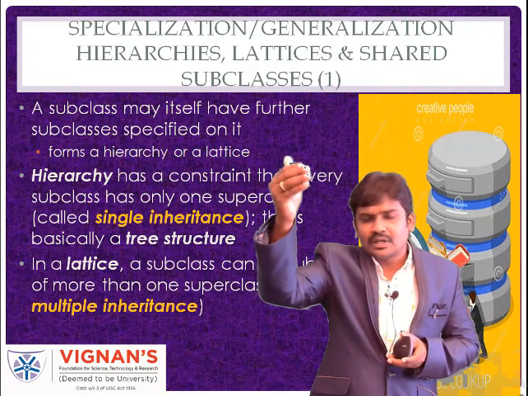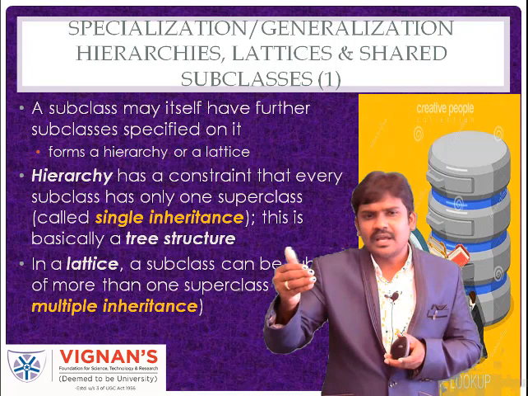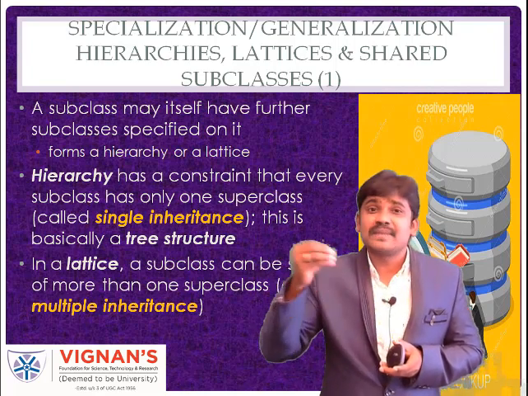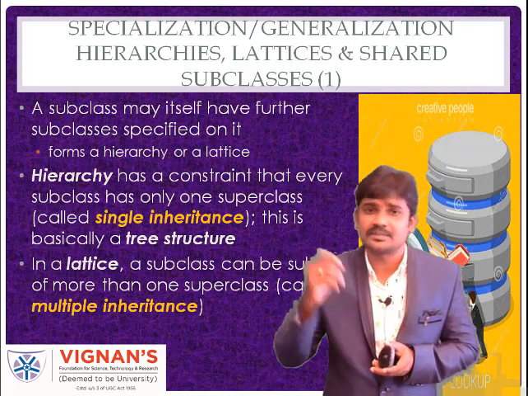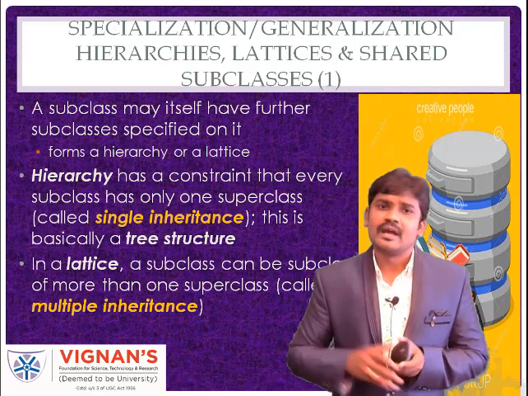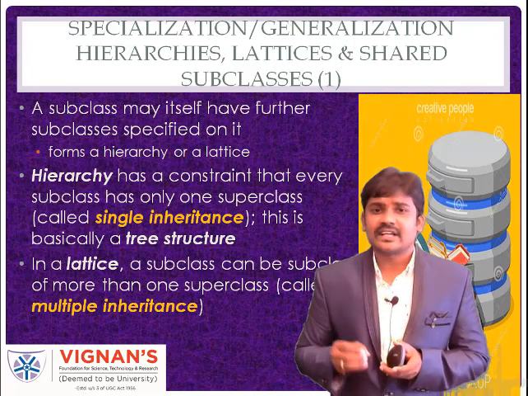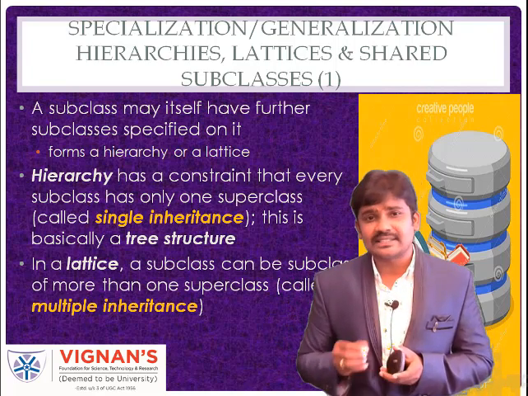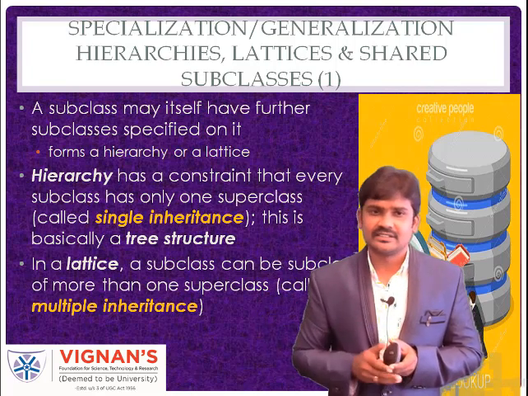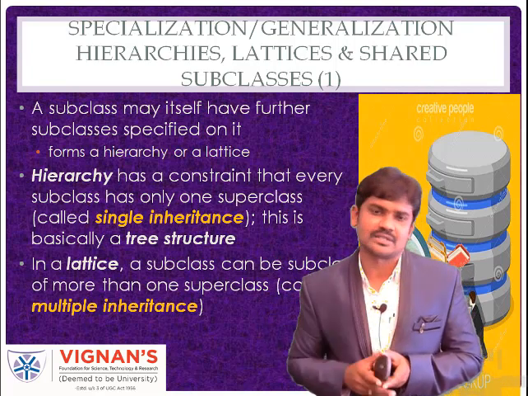So employee is the superclass, manager is the subclass, and again a subclass, project. So a subclass may itself have further subclasses specified on it, forming a hierarchy or lattice. A hierarchy has a constraint that every subclass has only one superclass, called single inheritance. This is basically a tree structure.